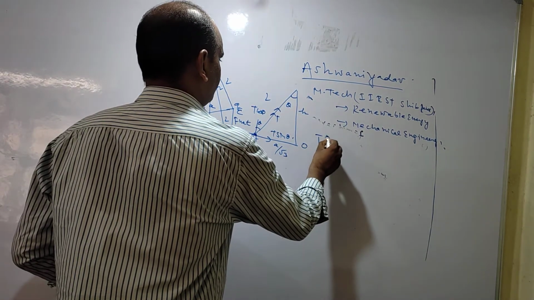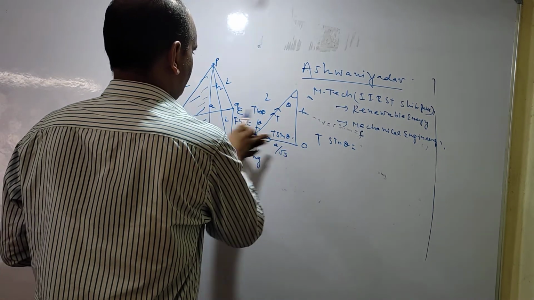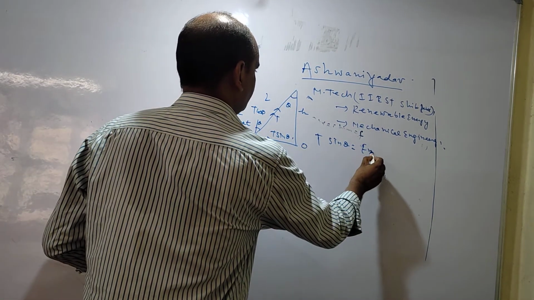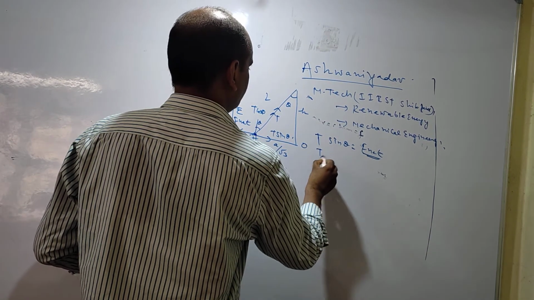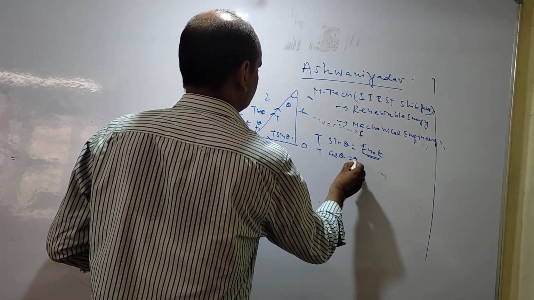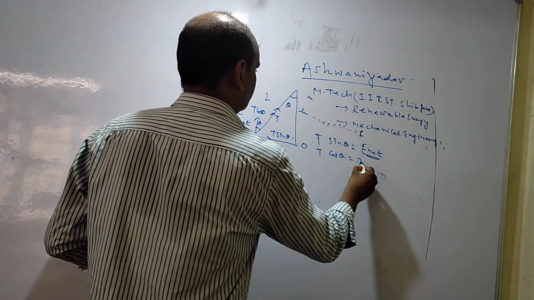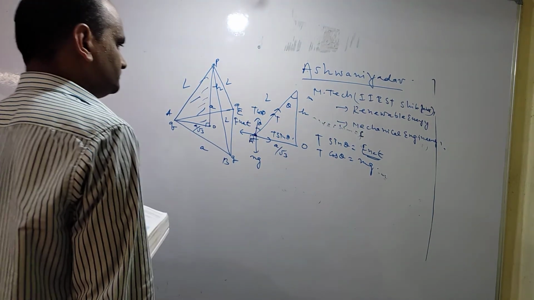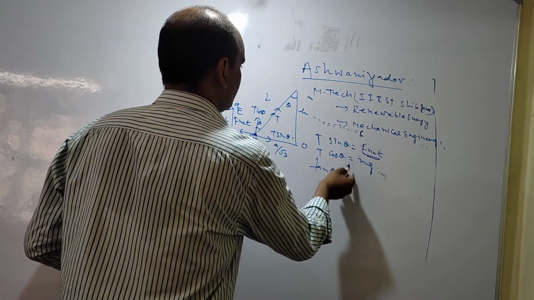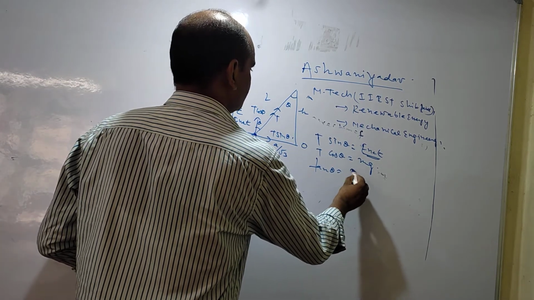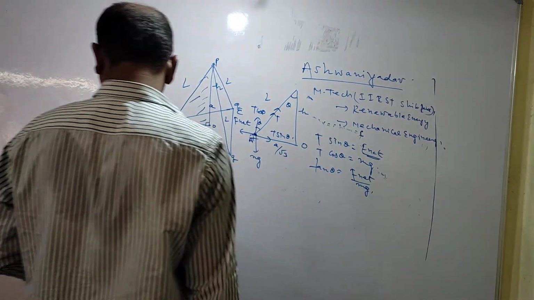Then we balance the force in the opposite direction, F net. Now we need to find F net. We will find it. First, balance the forces: T cos theta upward and mg downward. Now just divide the two equations. Tan theta is F net by mg.